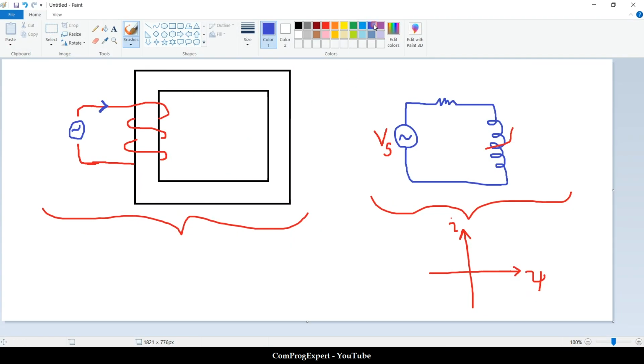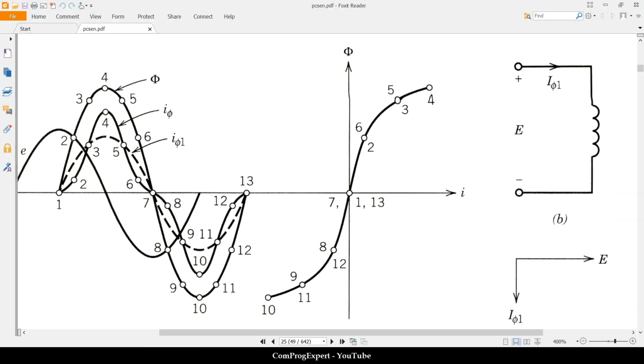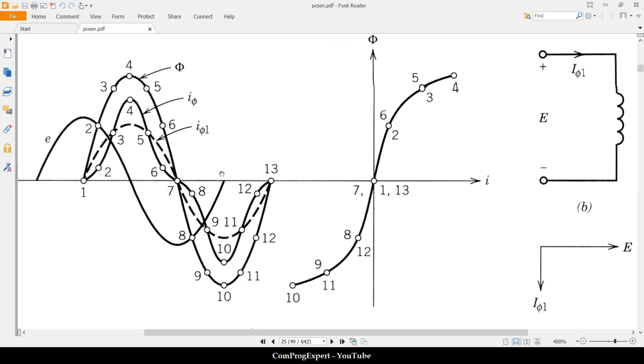What if we replace the voltage source with a current source? In this case, I want to force the current of the inductor to be sinusoidal. So the coil voltage will be non-sinusoidal. Okay, so this is important.